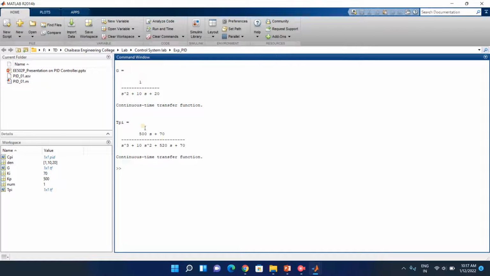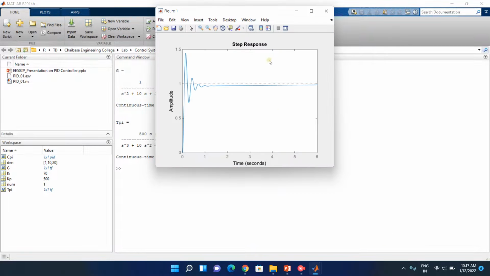Now see, this is the actual transfer function, and this is the transfer function modified after using the PI controller.